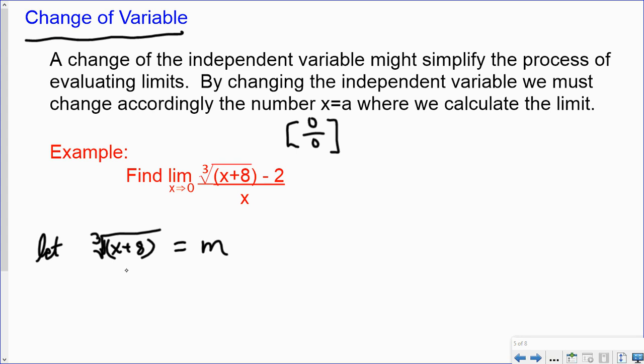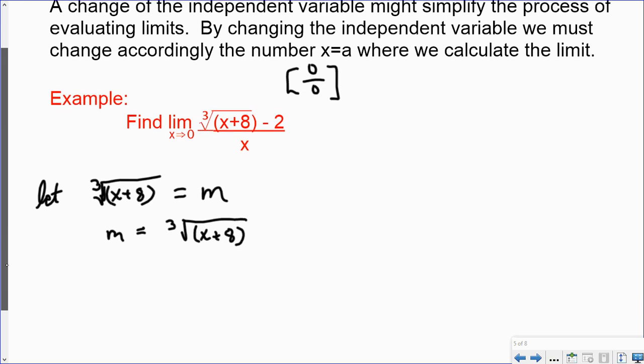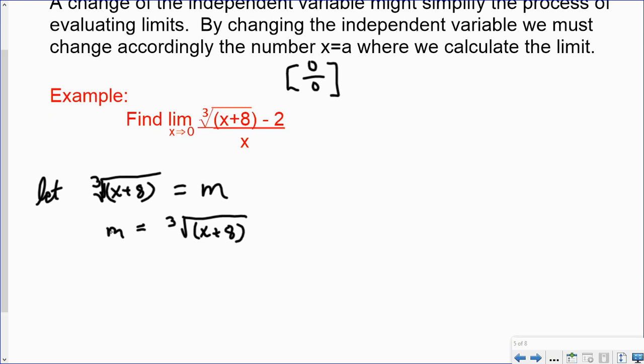Now I'm just going to rewrite this on this side here. We want to work on this expression a little bit, because that's what's going to happen here. Let me just start writing this. This little piece is m, and I've got an m minus 2 here. Now in the denominator I've got an x, and I don't have an x in this expression, but I do if I raise both sides to the power of 3.